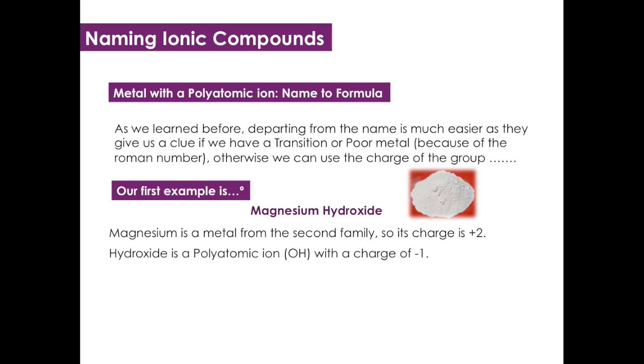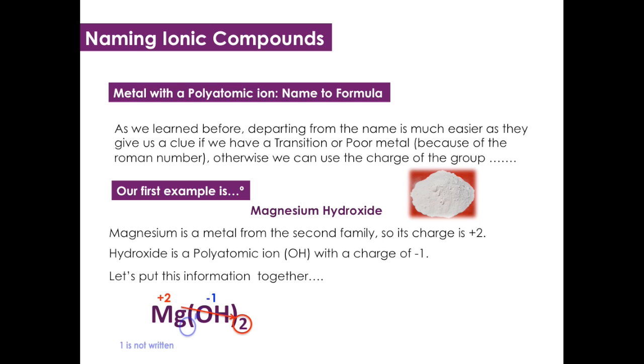Hydroxide is a polyatomic ion, OH, with a charge of negative 1. Let's put this information together. Because of the charges positive 2 and negative 1, we will cross them out, and that will give us a subscript of 2 in hydroxide and 1 in magnesium, but the 1 is not written. So our formula will be this one.